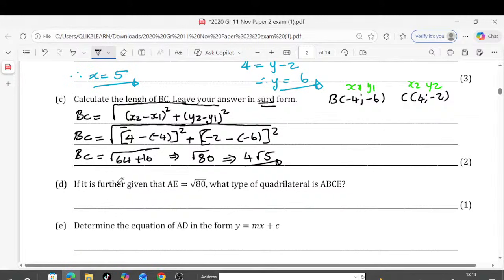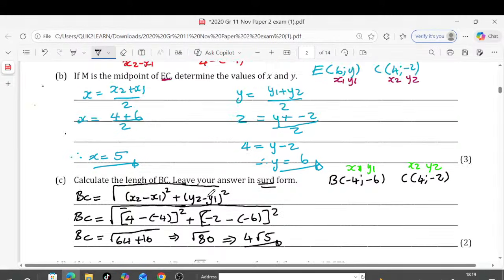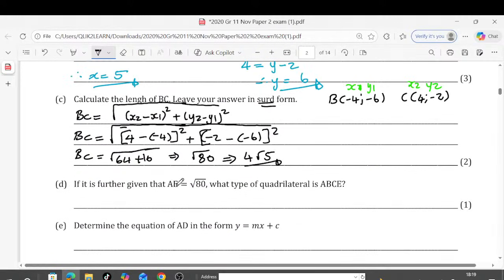Okay, so now they say it is further given that AE is equal to root 80. What type of quadrilateral is ABCE? Let's go and see what is AE.